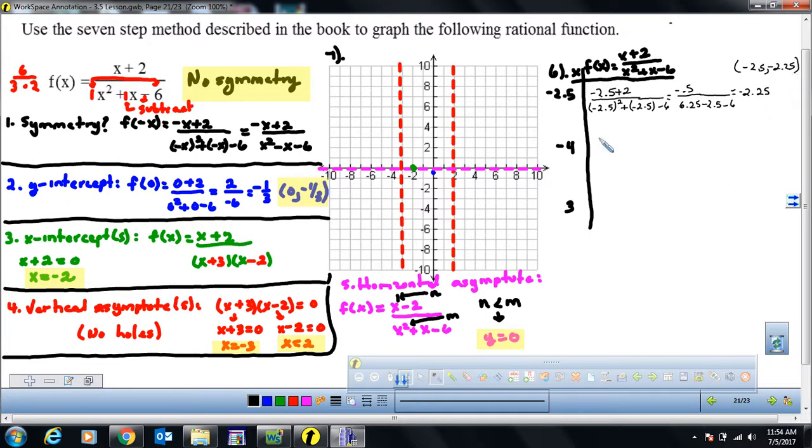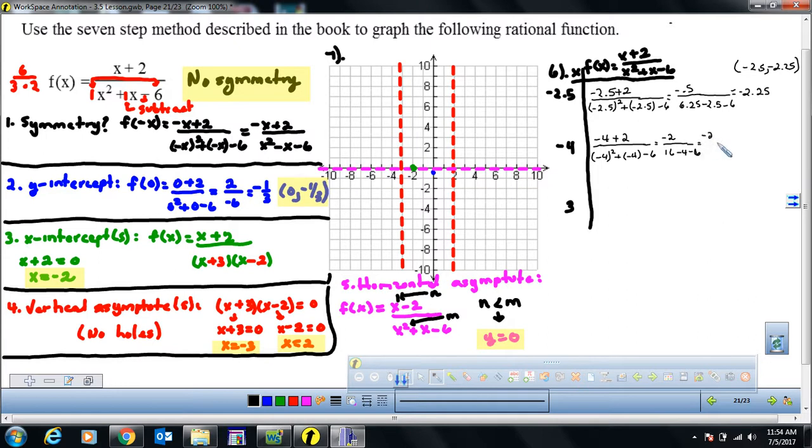Now, the next one, x, which is negative 4, plus 2 over x squared, which is negative 4 squared, plus x, which is negative 4, minus 6. So negative 4 plus 2 is negative 2 over 4 squared, which is 16, minus 4 minus 6. 16 minus 4 is 12. 12 minus 6 is 6.